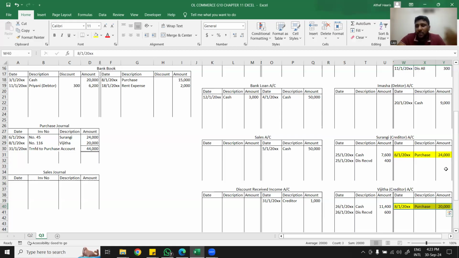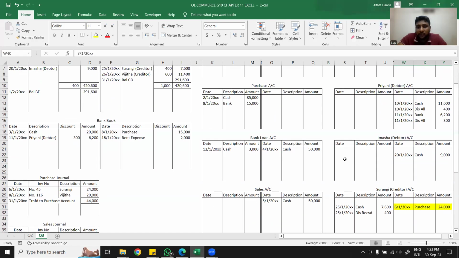Purchase account total, individual accounts, individual values. So the purchase account 44,000. For the last date.